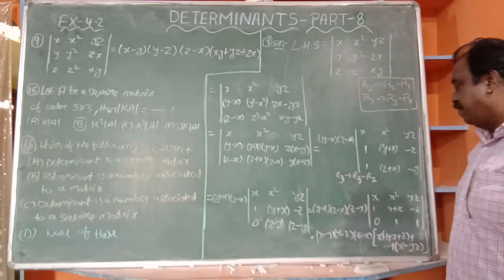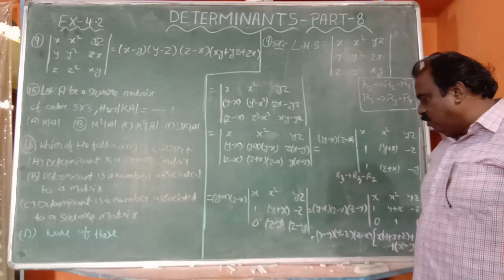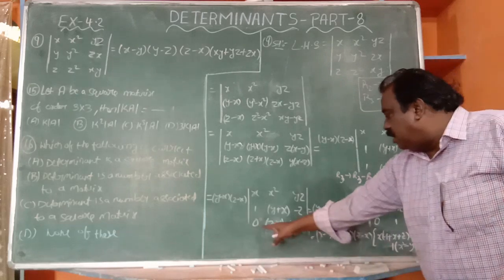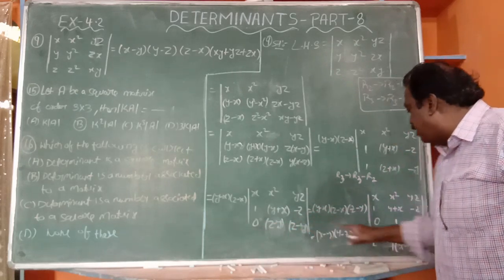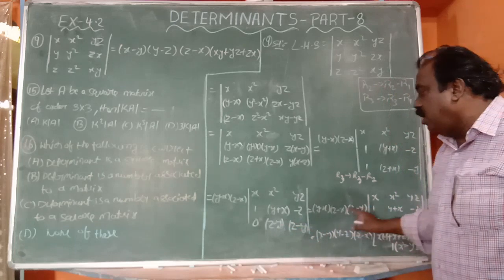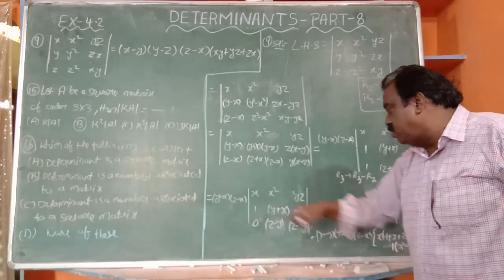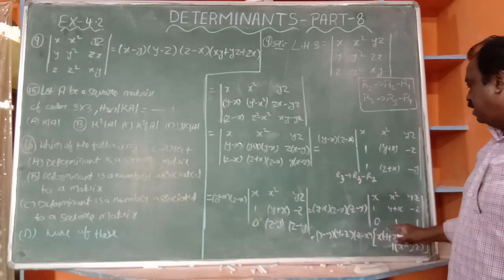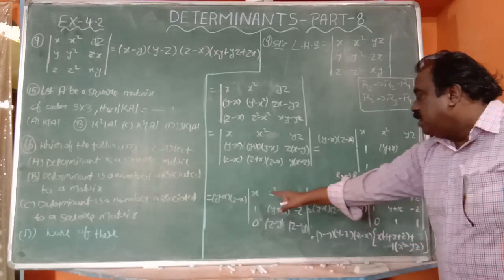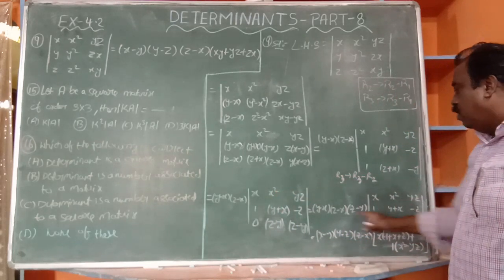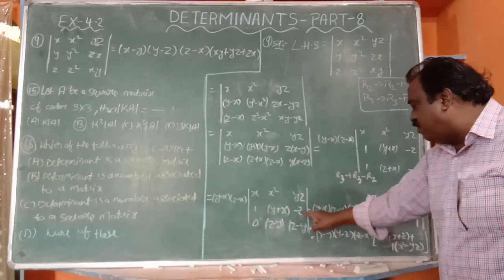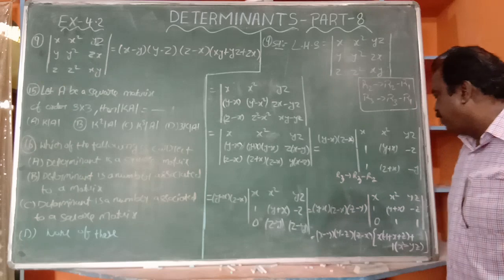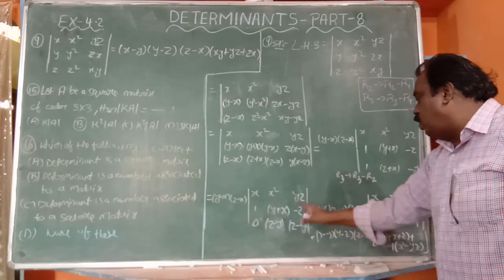Again in the third row, we have y minus z as a common factor, so I took y minus z outside the determinant. Now x square, yz, 1, y plus x, minus z is there. And here 0, 1, 1.